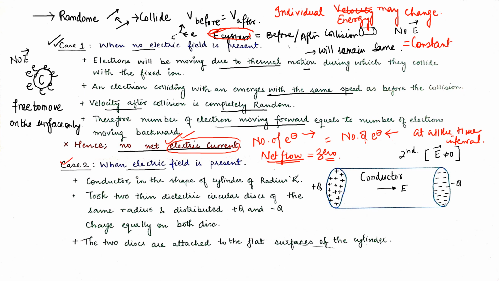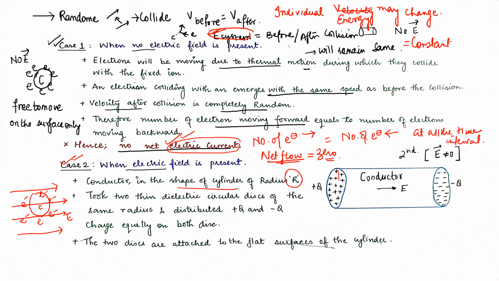Now we will see case number 2, where our conductor is placed here, which is having electrons on its surface, and now we have provided the electric field to it. When electric field is present, take a conductor in the shape of a cylinder of radius r.